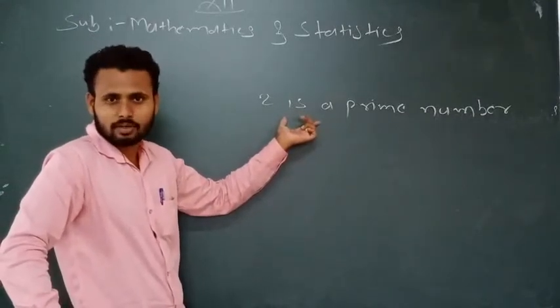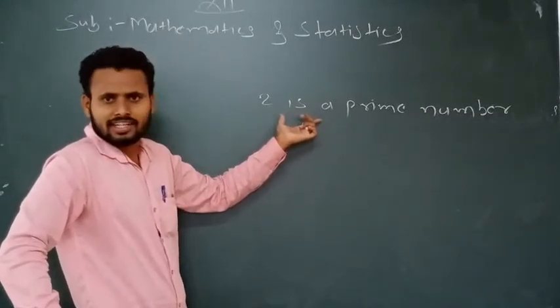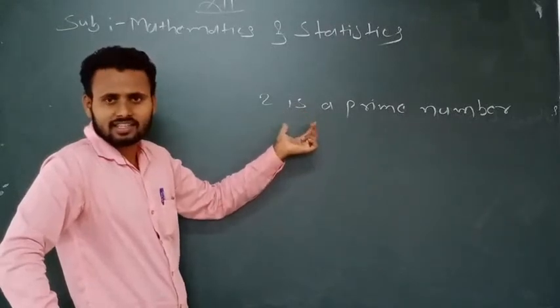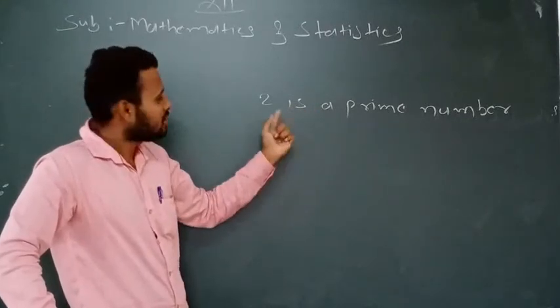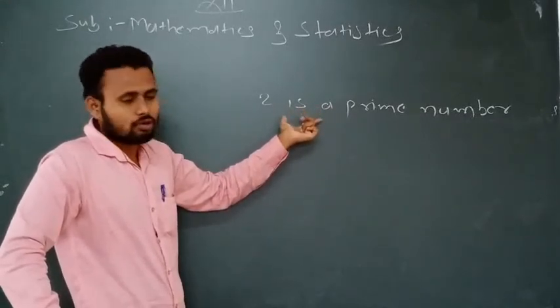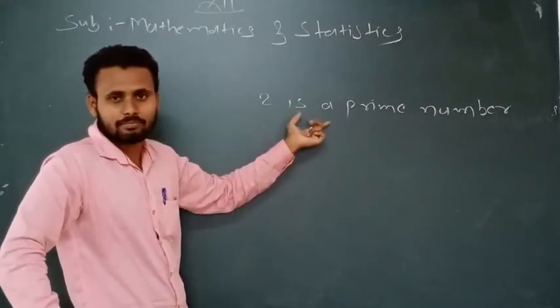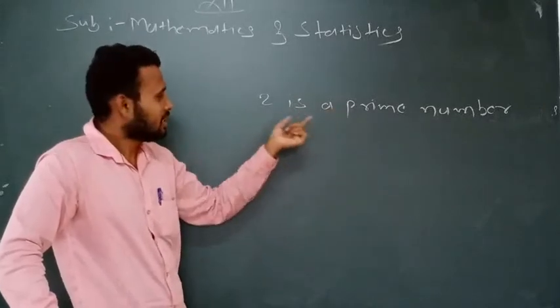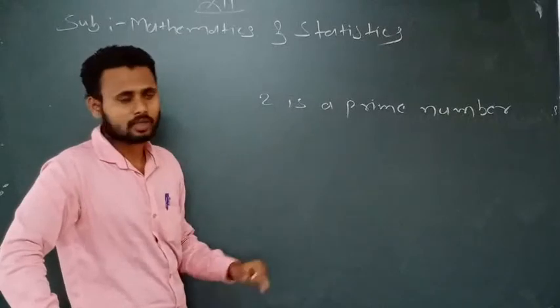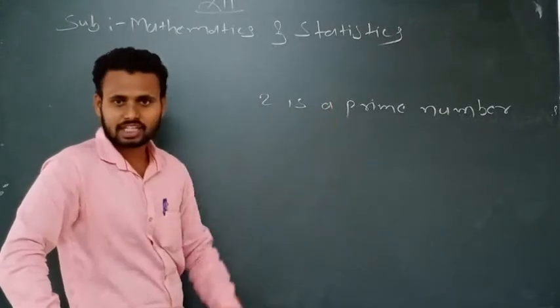Why is it a simple statement? Because in that statement there is no logical operator like conjunction, disjunction, conditional, biconditional. Therefore we say that is a simple statement. Then we have studied the negation of that simple statement. Just take the negation: 2 is not a prime number, which is the required negation of that simple statement.